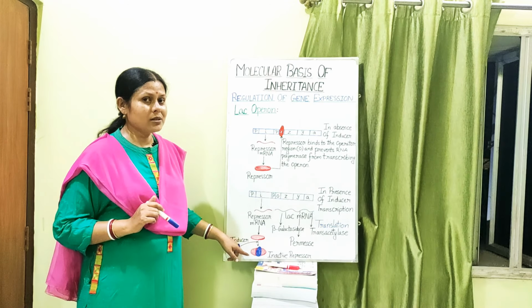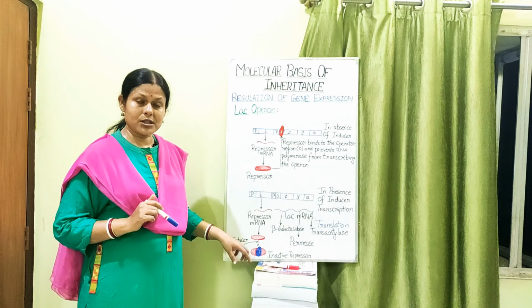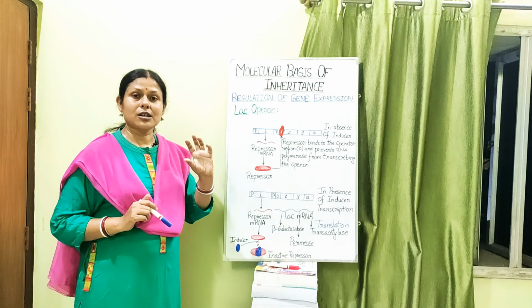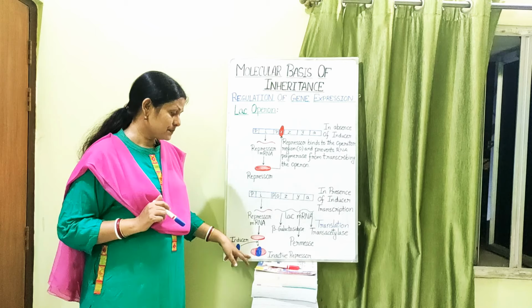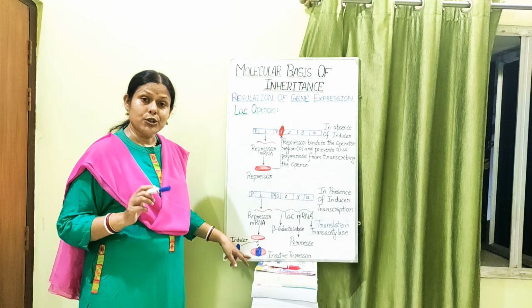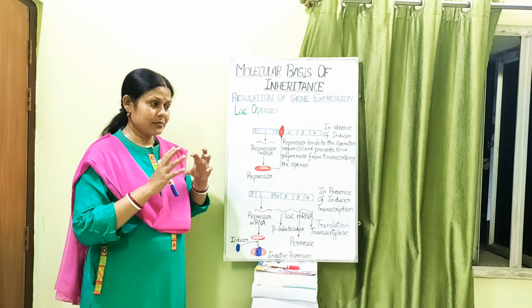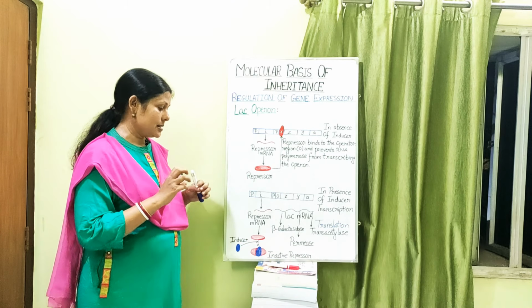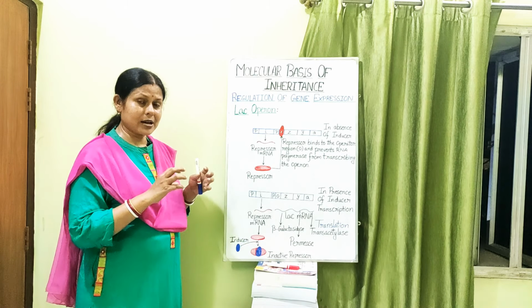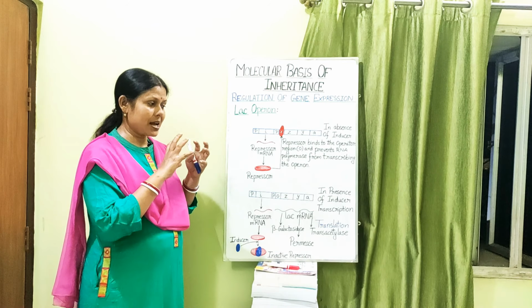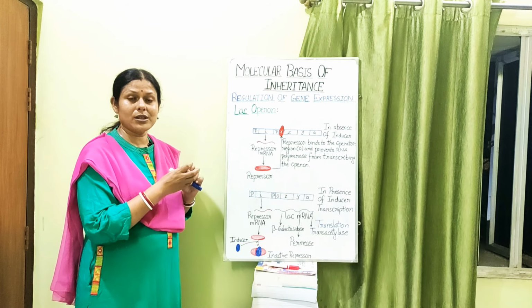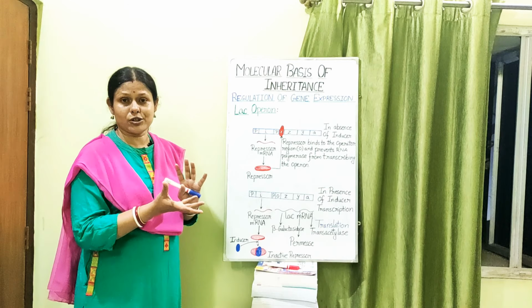Once it binds with the repressor protein, there is a change in the structural configuration of this repressor protein. You have read it in class 11 that there is some inhibition when any inhibitor or any inducer is coming and combining with a protein. It changes the conformation of the protein.